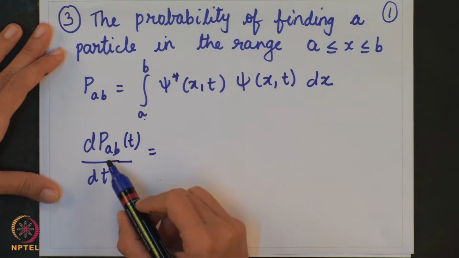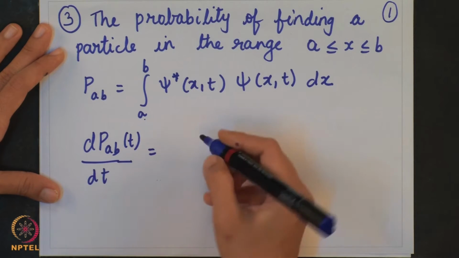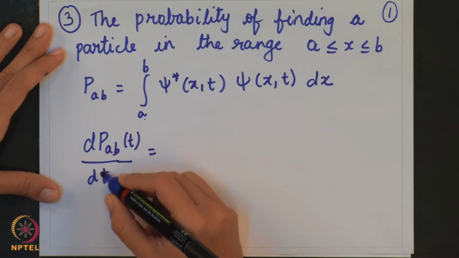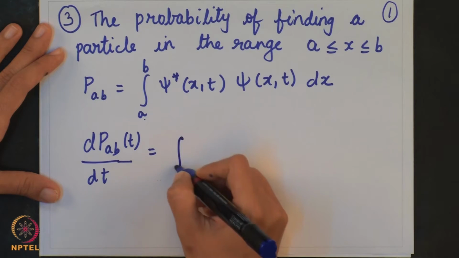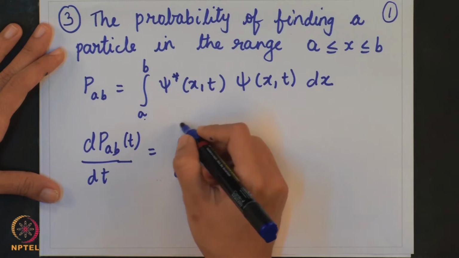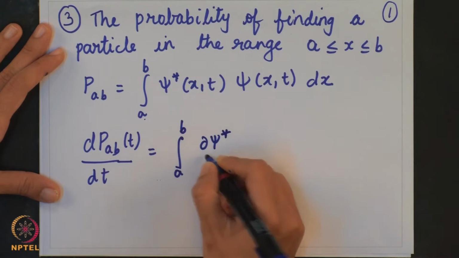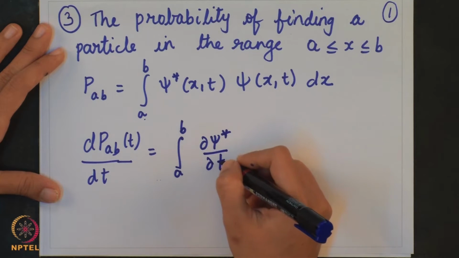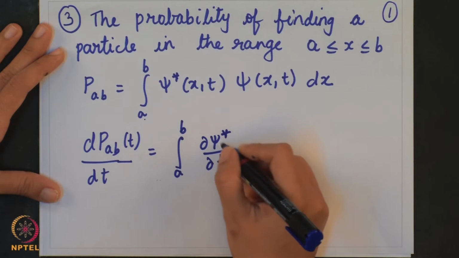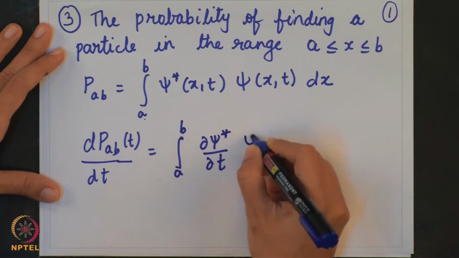So you take the derivative of probability with respect to time, and since t is independent of x, I can simply take the derivative inside the integral, simple mathematics. So I can write this as, using a shorthand notation, I will drop the arguments.